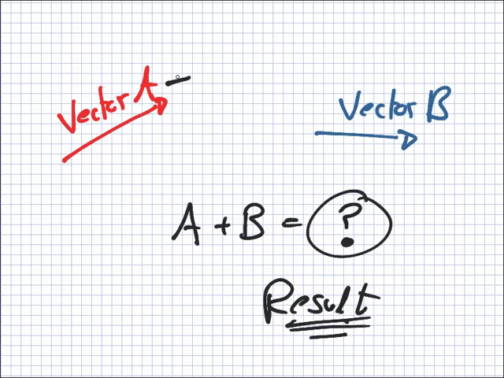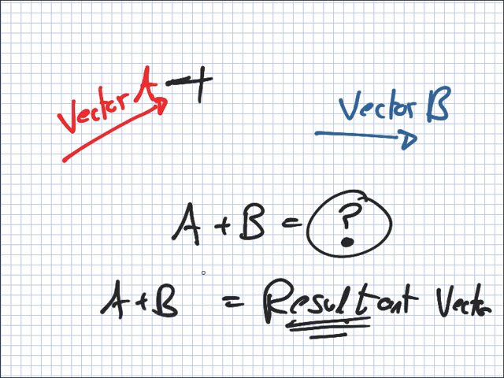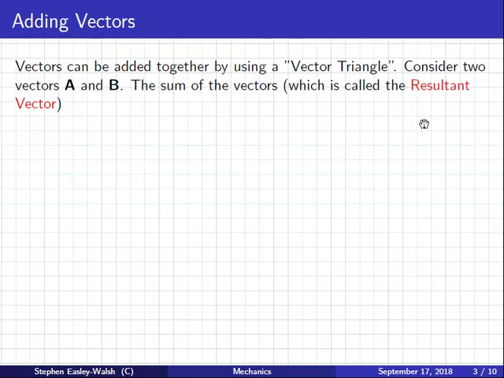So vector A plus vector B equals resultant vector if you have vector A plus B. Okay, so you need that vocabulary, resultant vector. You could say the resultant vector is the vector you get when you add two vectors.